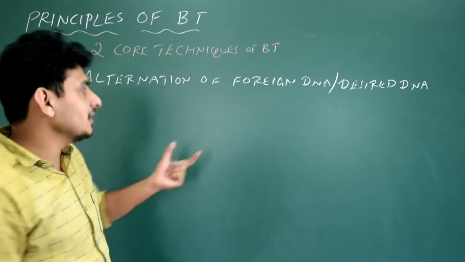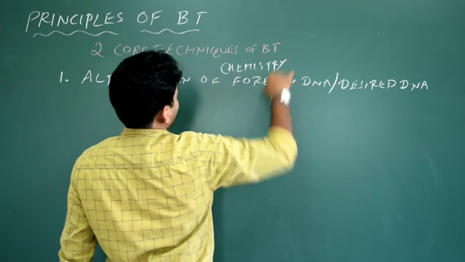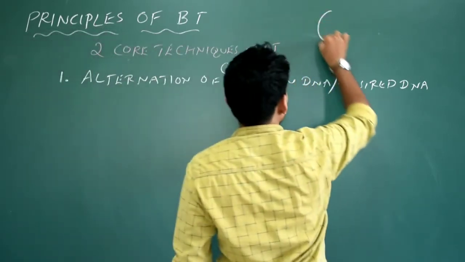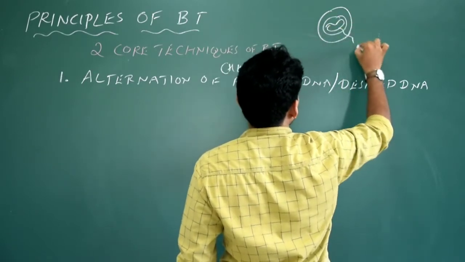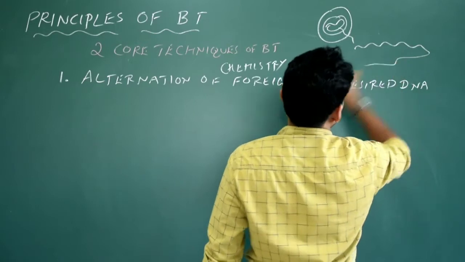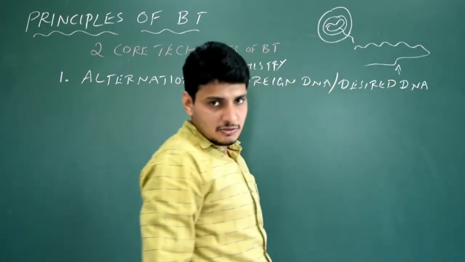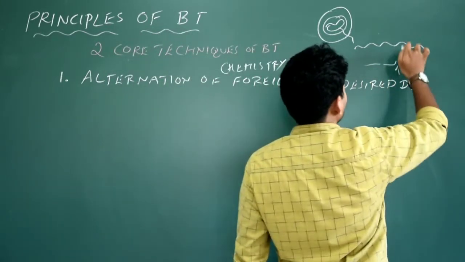That means I am altering the chemistry, in the sense the chemical nature of the DNA. How? Simple. For example, I have removed a cell from the lion, and now I want to remove the genetic material of the lion from a cell. Then I have to treat it with certain enzymes so that they break the DNA into tiny fragments like this. You get fragments.